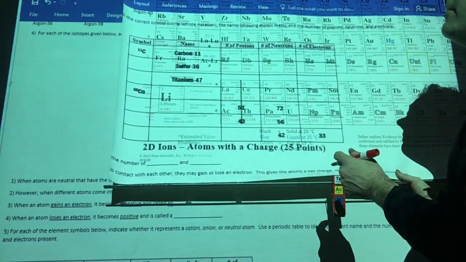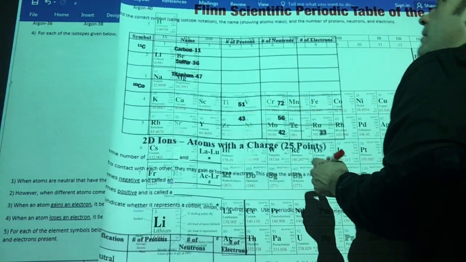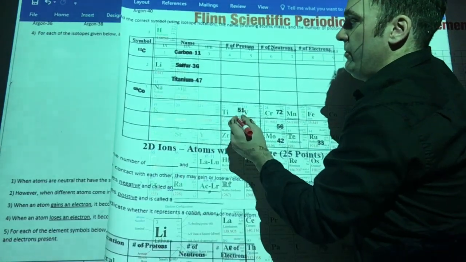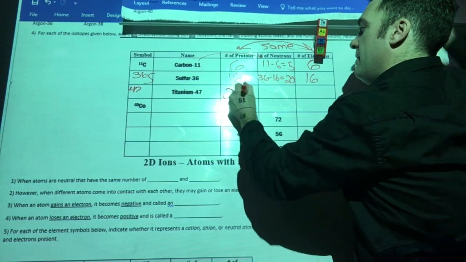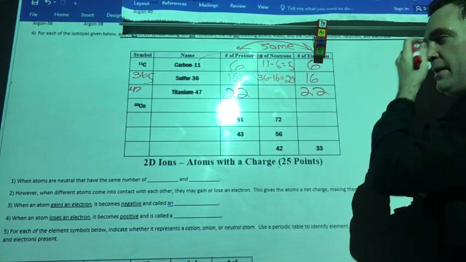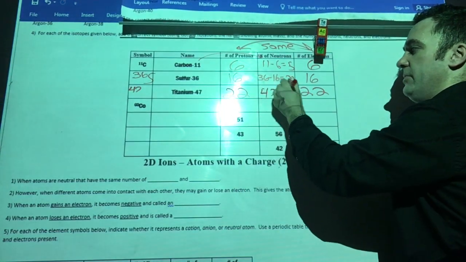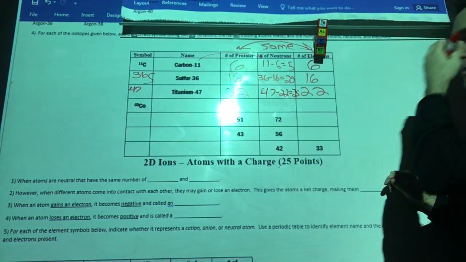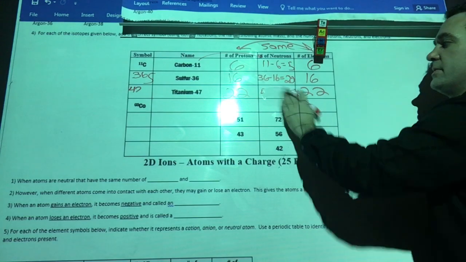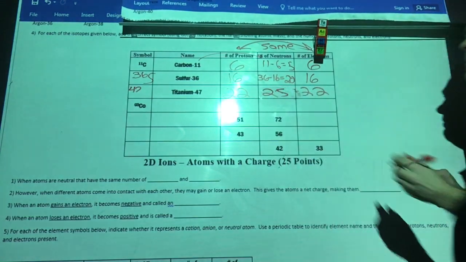No, it's not. 22, okay. So it's element 22. That top number is protons. It's equal to electrons. And then 47 minus 22, which is, whatever, 25. So this is 25, 22.